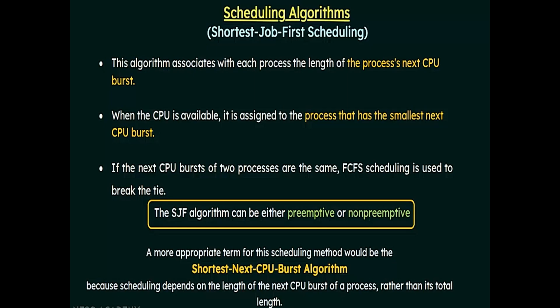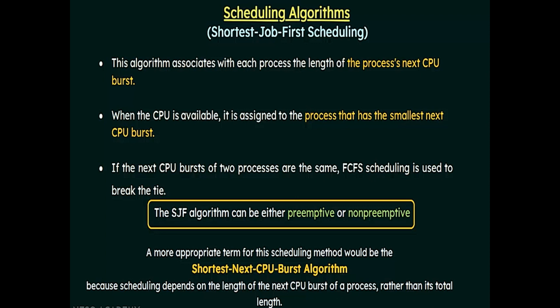Now, this algorithm associates with each process the length of the process's next CPU burst. When the CPU is available, it is assigned to the process that has the smallest next CPU burst.